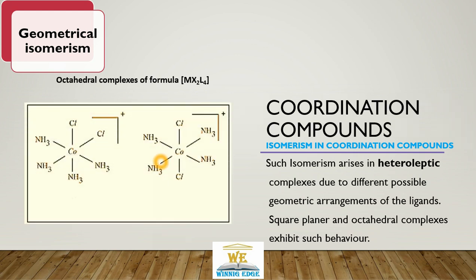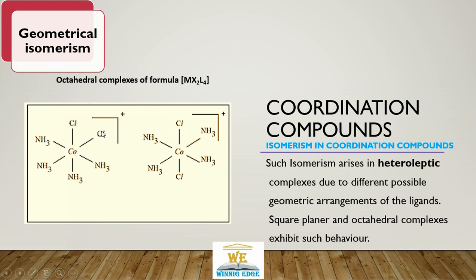Here we see an example of a cobalt complex. We are having 4 ammonia molecules here. You see, this is the same plane and these are axial positions. You see in an equatorial plane 4 atoms. Out of 4, 3 are ammonia, 1 is chlorine.